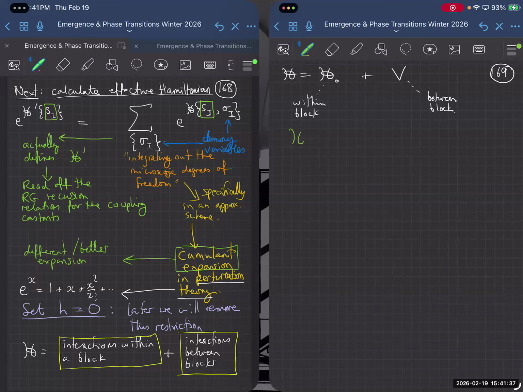Well, we can easily write down what H naught is. It's just K times the sum over the blocks, and then I'm going to sum over the spins i and j, which are inside the block I, and then Si, Sj, like that. So that's for every block. I just go through each block and I look at the interactions between the spins within each block.